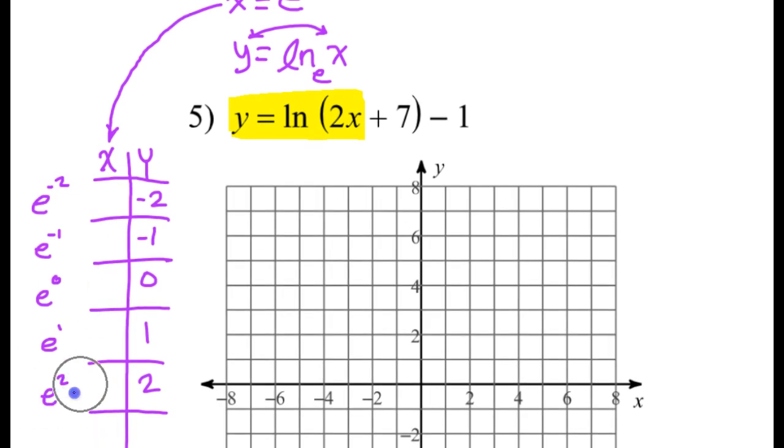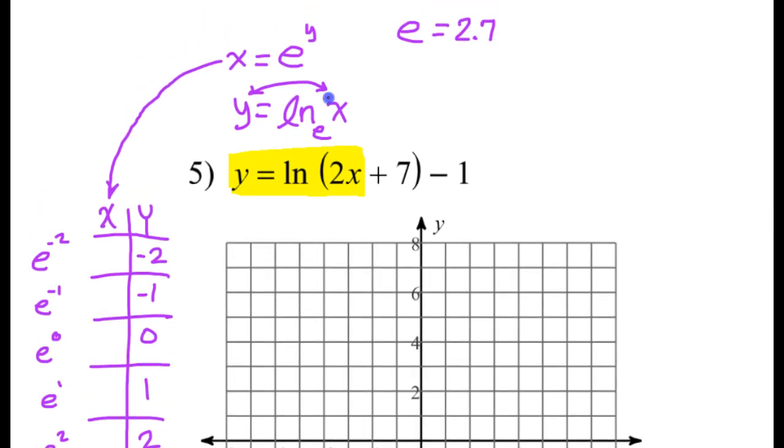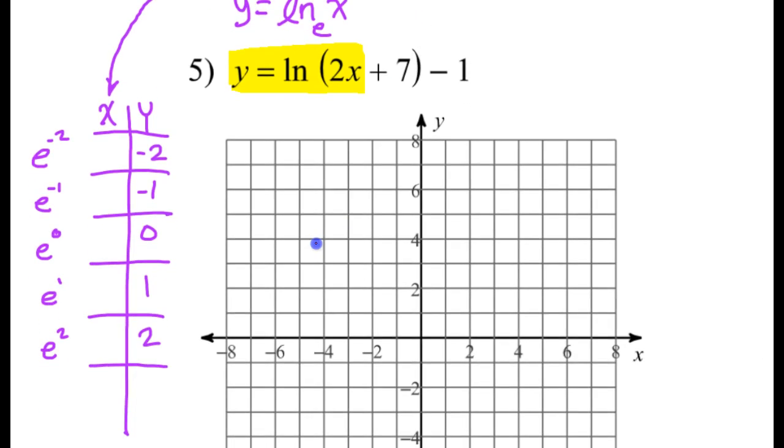Start from the bottom. e squared. Now I'm going to just use a 4-function calculator. And again, I'm approximating with 2.7. So let's do 2.7 squared. So that is 7.3.